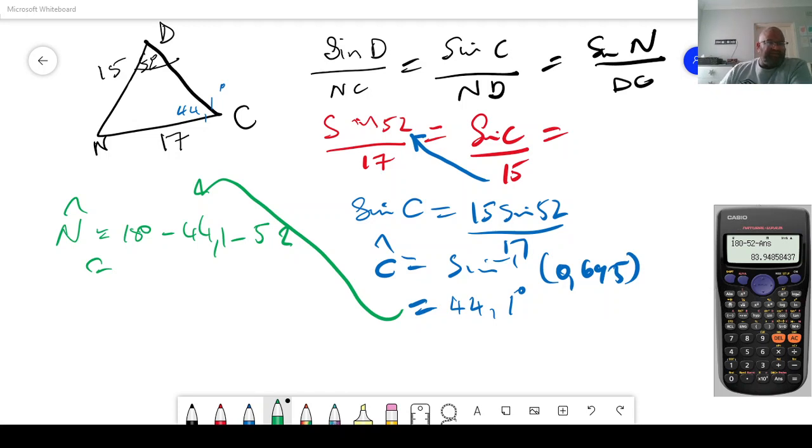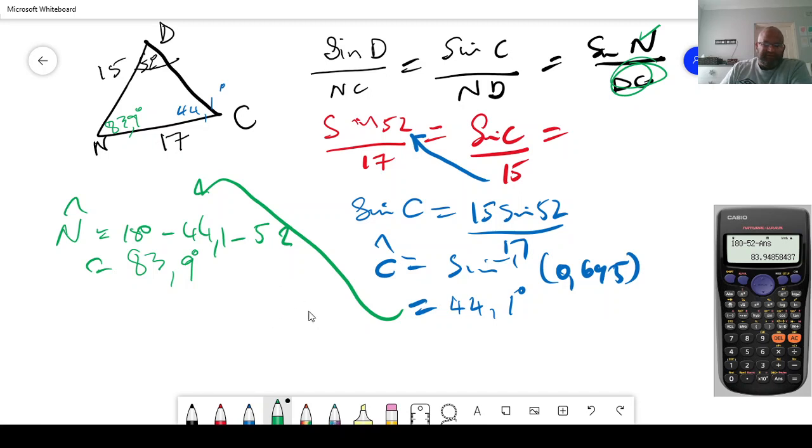So it's 83,9 degrees. So I'm going to fill that in here. So it's 83,9. So the only thing that still needs to be calculated now, of course, is DC. So we've got angle N, so let's just calculate DC.